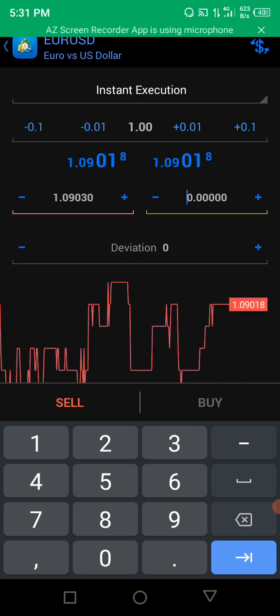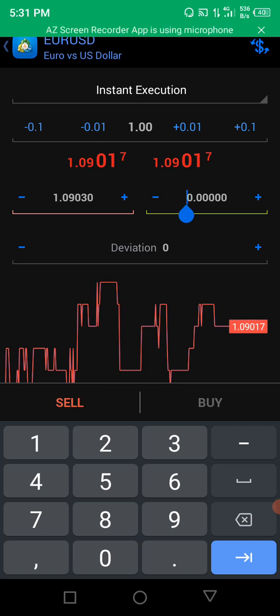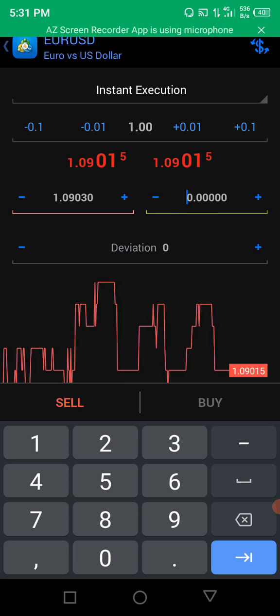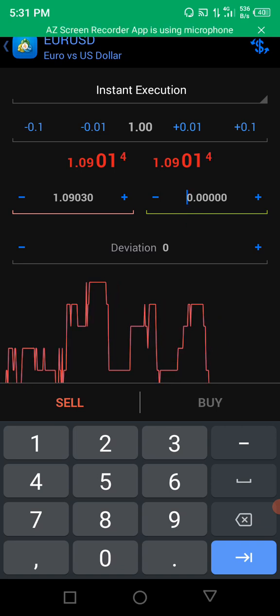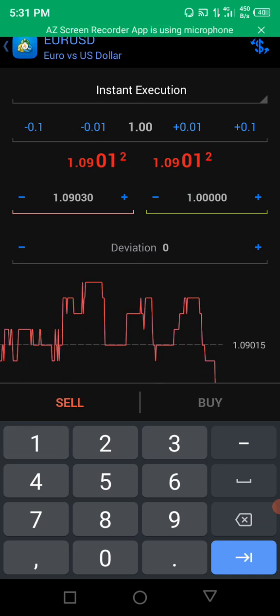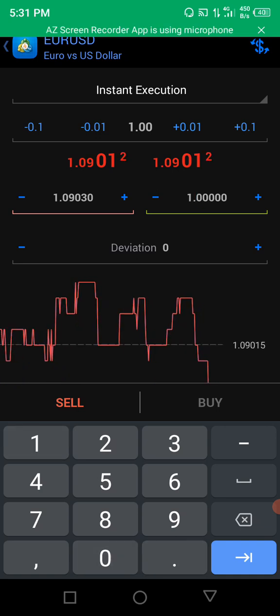Then after that, you want to put your take profit. So the green column is where you put your take profit, 0.08.